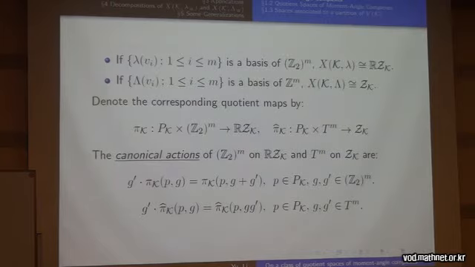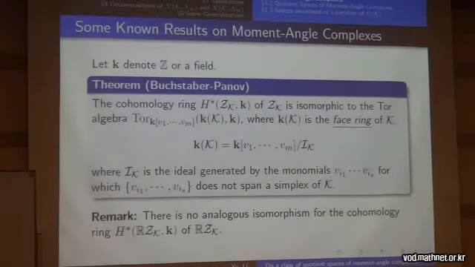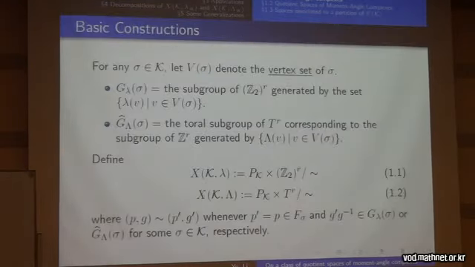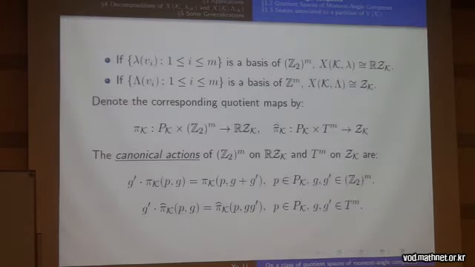And we denote the corresponding quotient maps by pi_K and hat pi_K. In this construction, we have a natural, canonical action of Z_2^m on the real moment-angle complex of K, and a canonical T^m action on the moment-angle complex of K. This is quite a natural action, so I call it the canonical action.